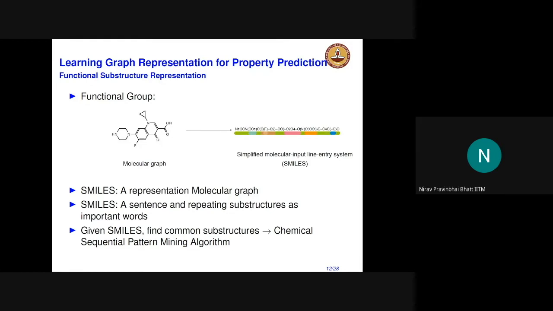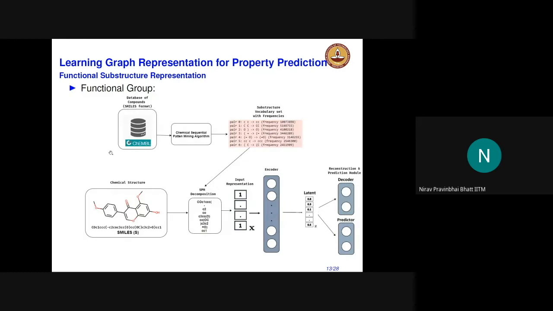We used that, and we went to a database which has around 2 million molecule structures in SMILES format. We applied the chemical sequential pattern mining algorithm and found a set of frequently occurring substructures.